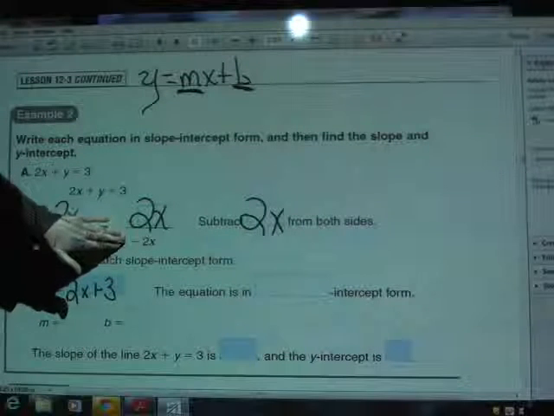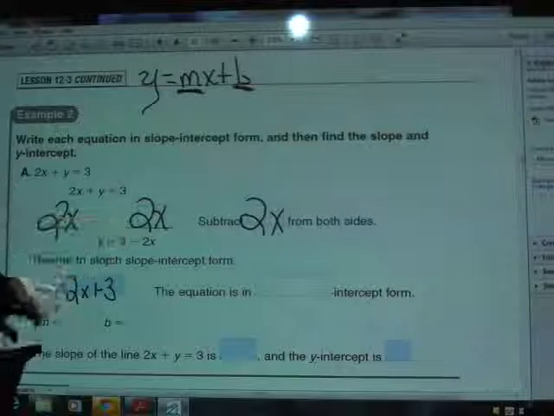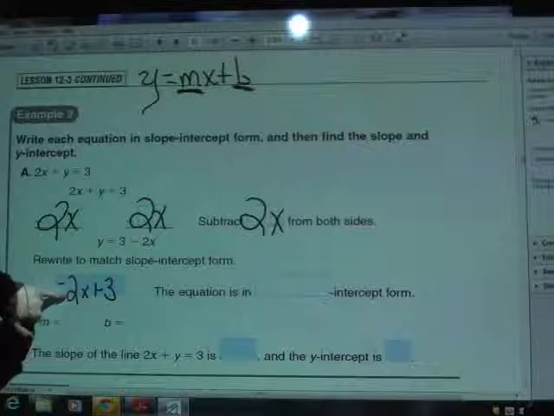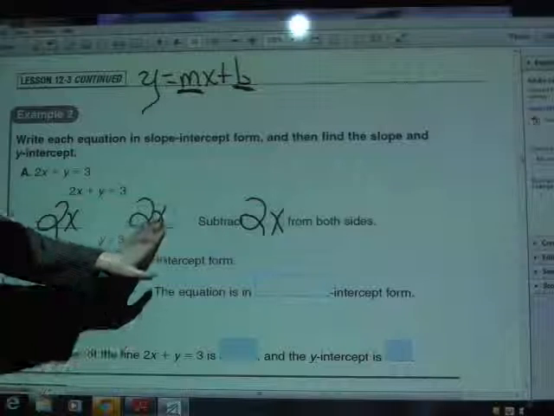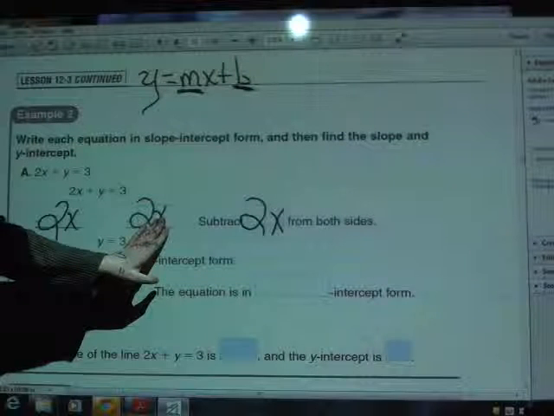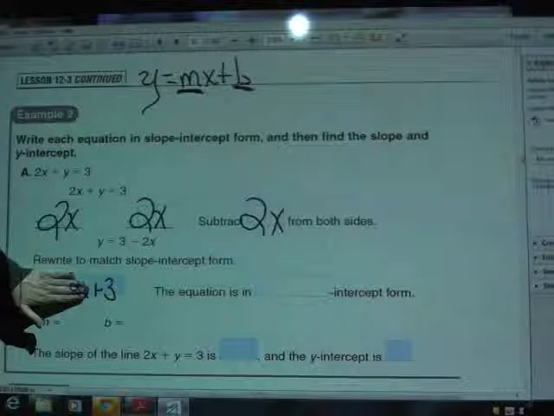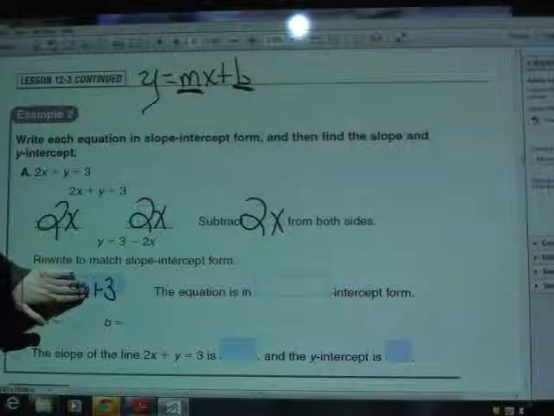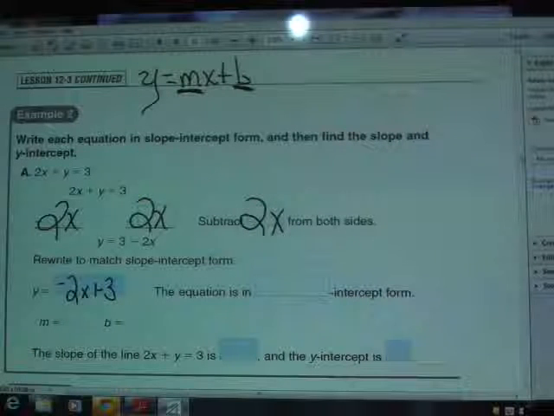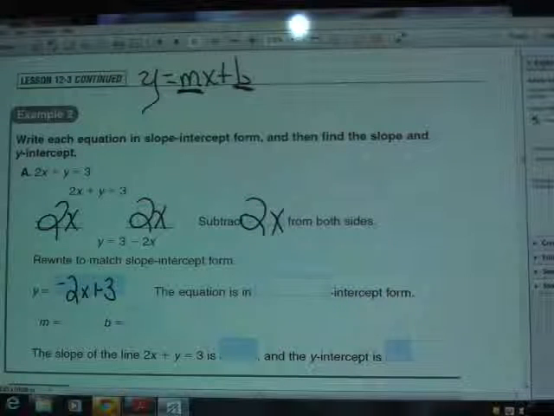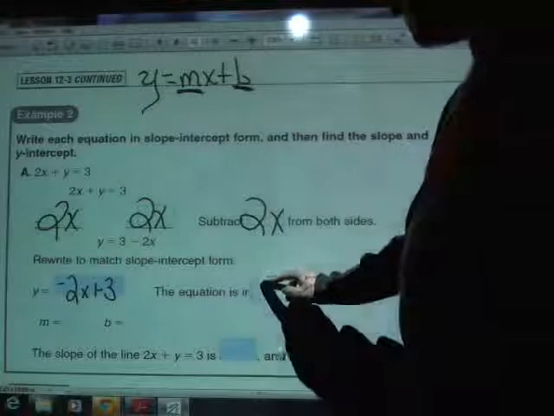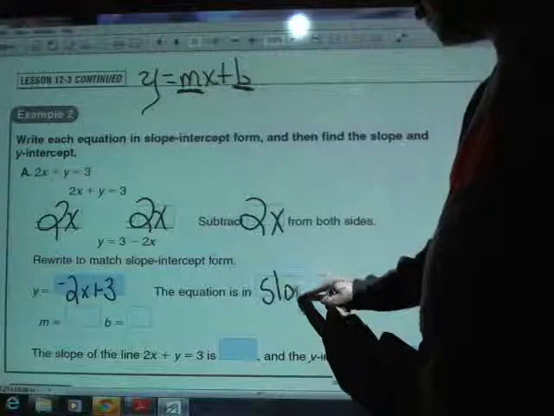Notice here when I cover up the 3, that says negative 2x. When I wrote it down here, it still says negative 2x. When I cover up that 2x, it says positive 3. When I cover it up down here, it still says positive 3. And that's exactly the correct way to do this. All right, so the equation now is in slope-intercept form. I've got y equals, I've got an x term, and then I've got a number at the end.